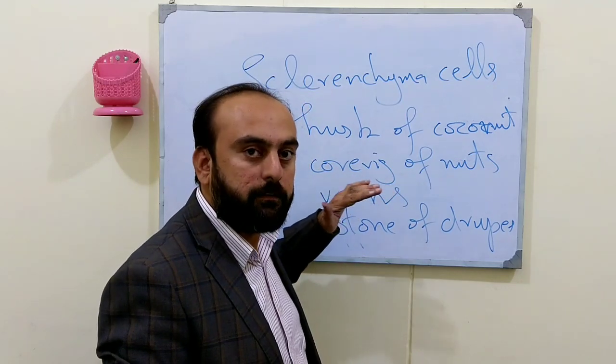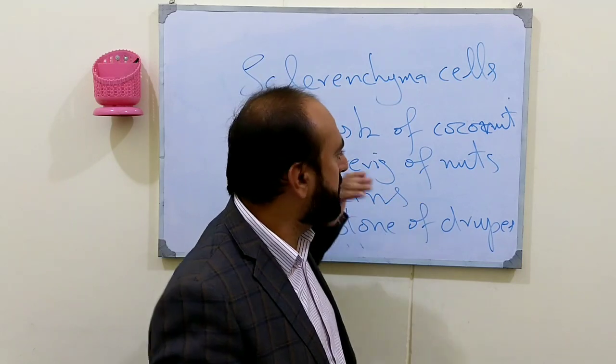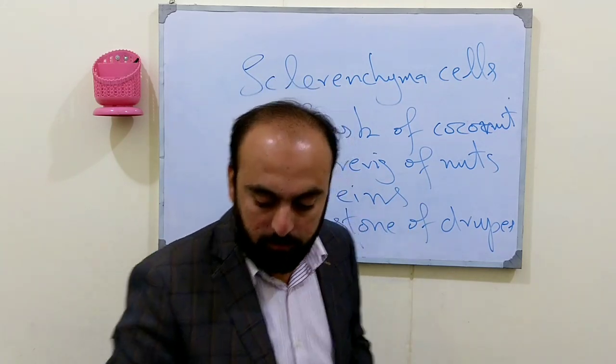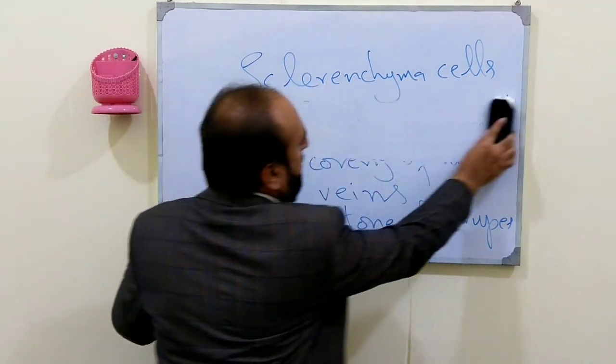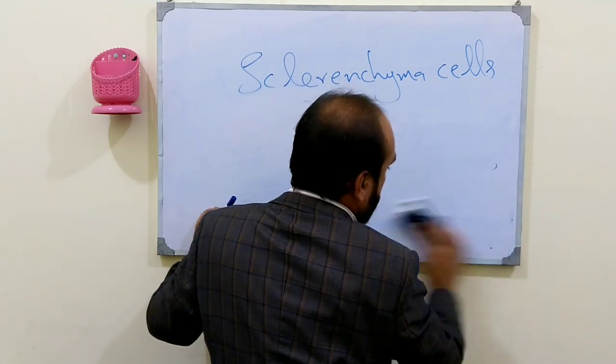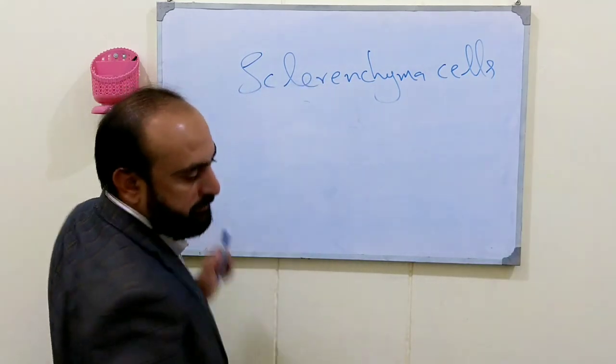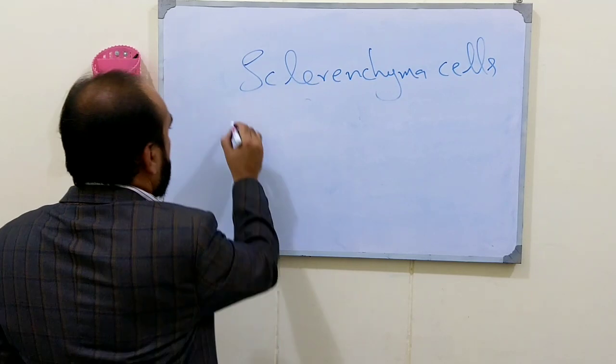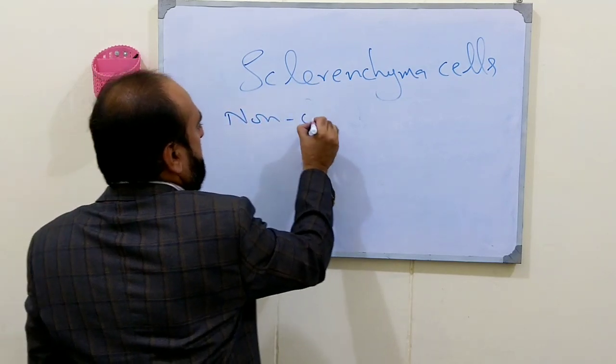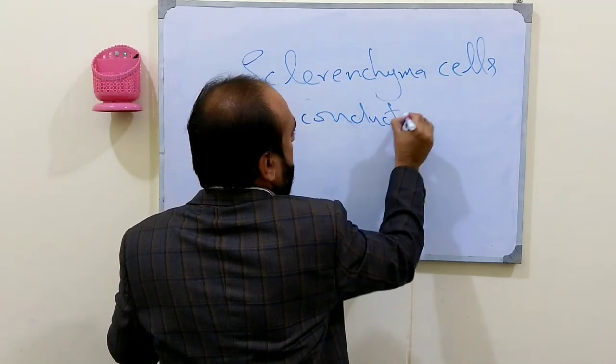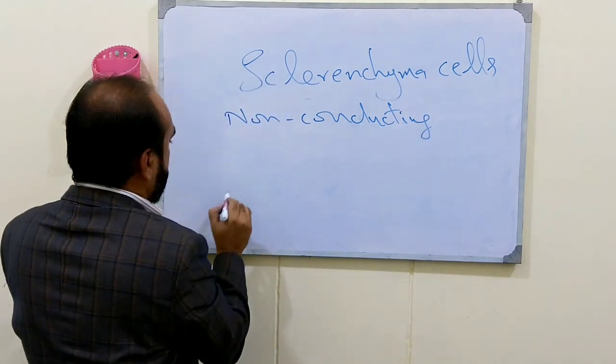They impart super toughness or rigidity to the plants. Sclerenchyma cells are further categorized as non-conducting and conducting cells.